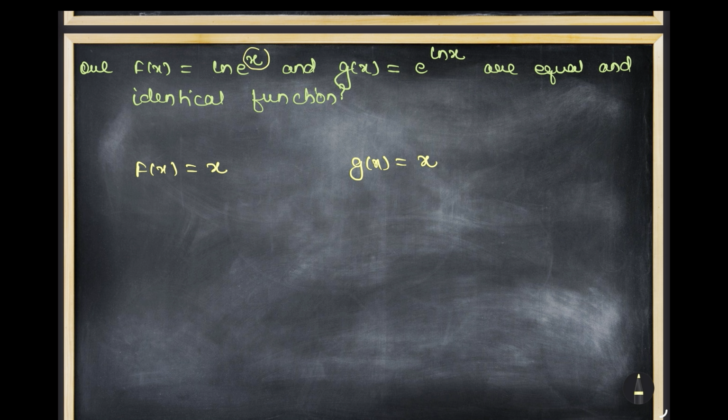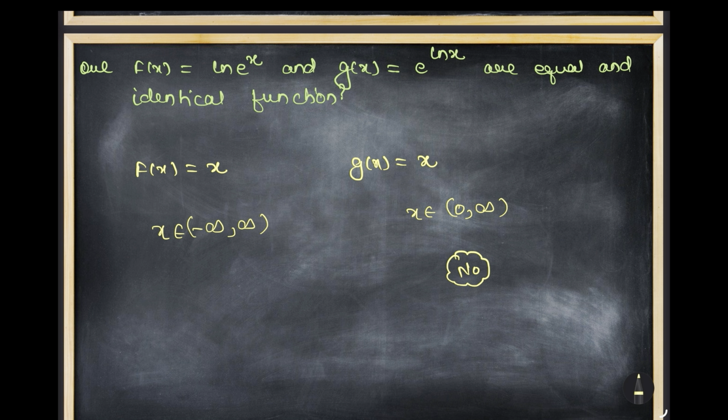Here x can take any value, means the domain is minus infinity to plus infinity. But look here, you cannot put a negative number. So can I say that x belongs to 0 to infinity? So the domain is different. So if the domain is different, the graph will be different. Correct? Therefore, I can say that no, it is not an equal and identical function.